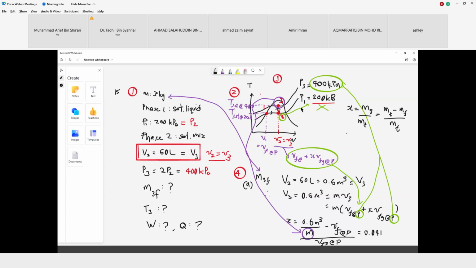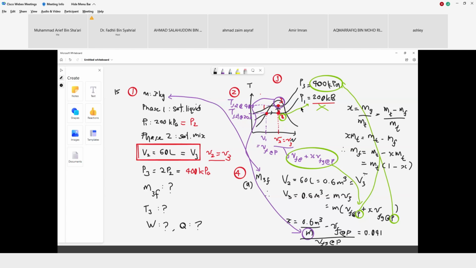Kemudian x sama juga dengan minus. So therefore mf equal to minus x, bracket 1 minus x.